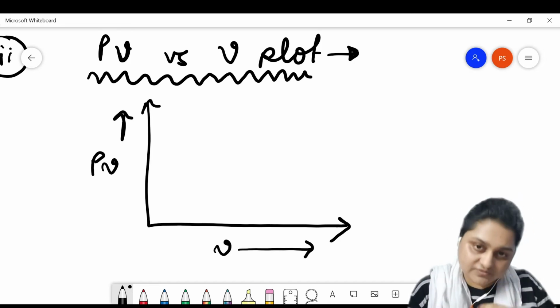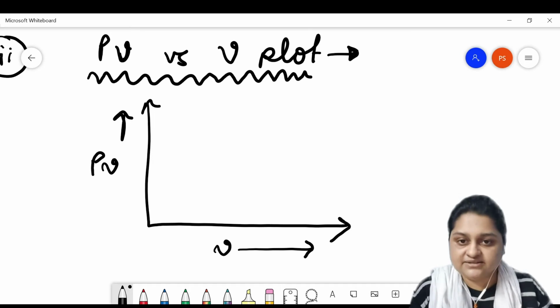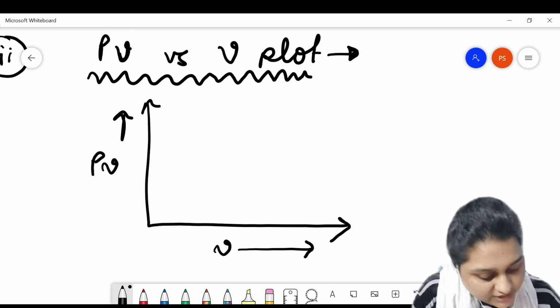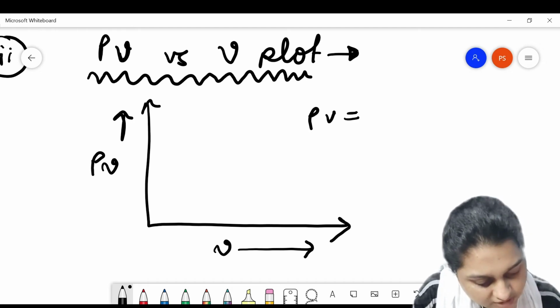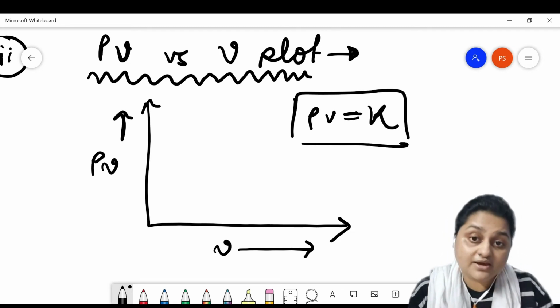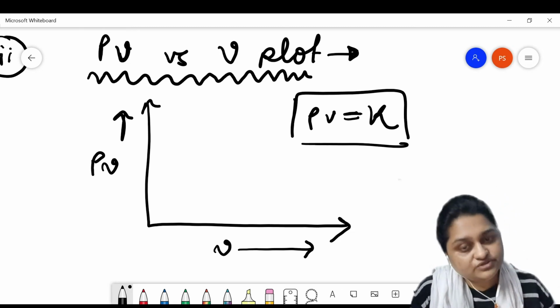So the x-axis is the volume axis, and the y-axis in this plot is the PV axis. The mathematical expression that will help to draw this plot is PV equals k, the Boyle's law expression, where the product PV and volume are represented.